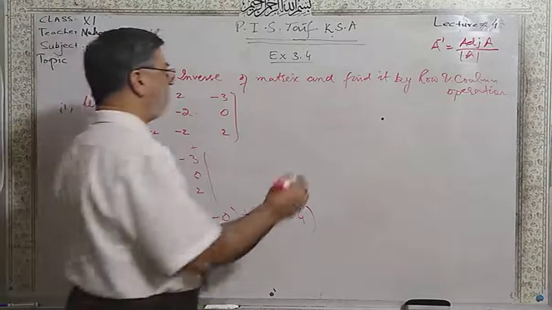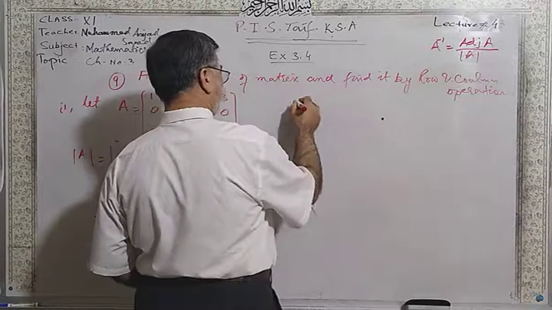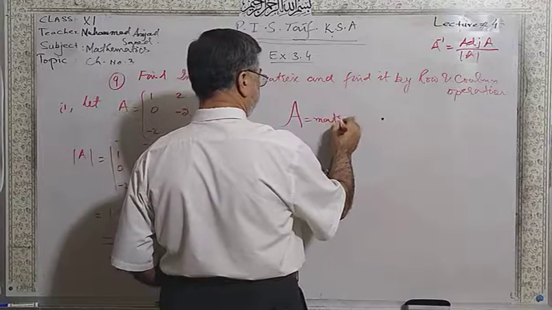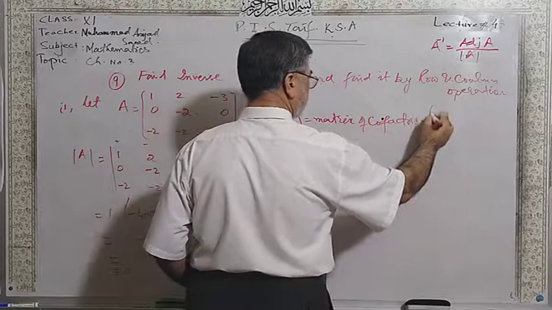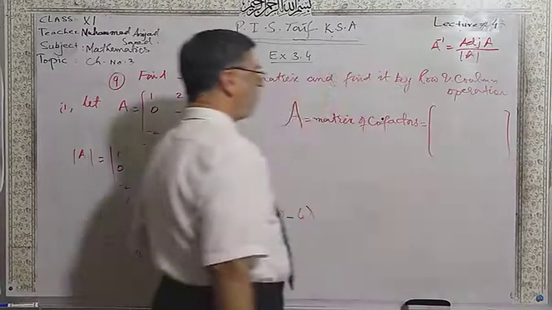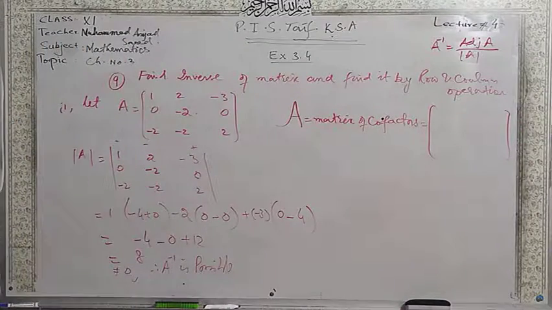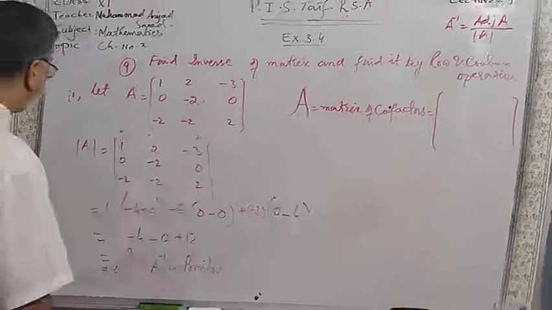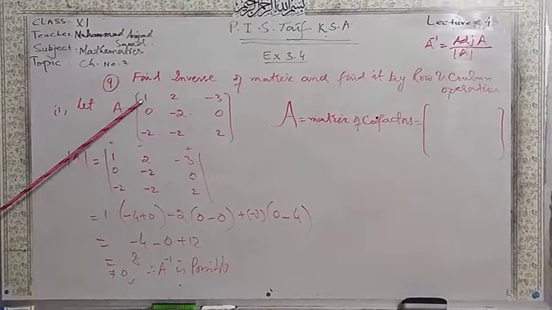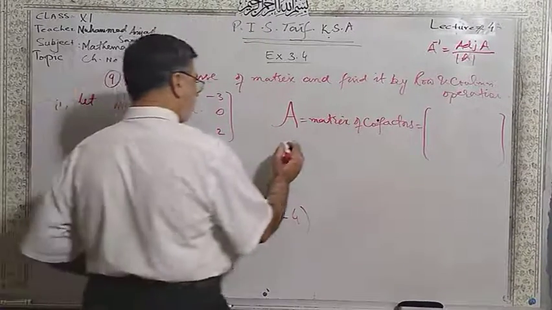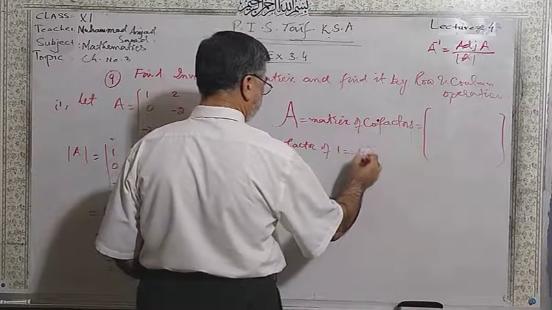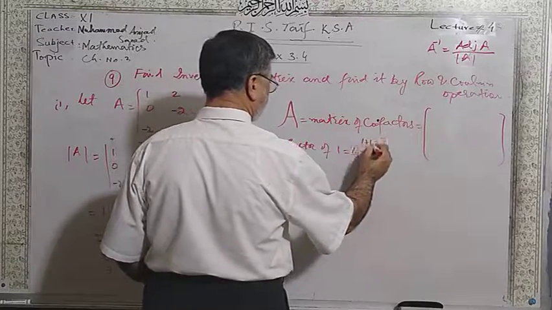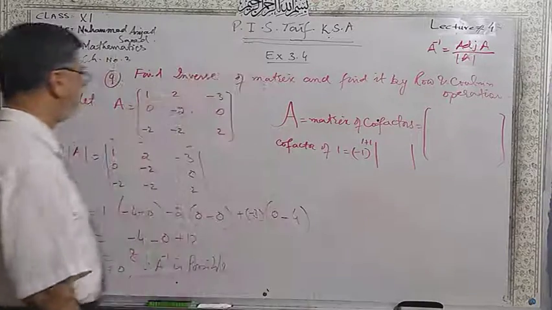Dear students, after that we will find the capital A matrix of cofactors. I told you about the cofactor of every element. We will find the cofactor of 1. What is the cofactor of 1? Minus 1 power first row, first column, and the minor.